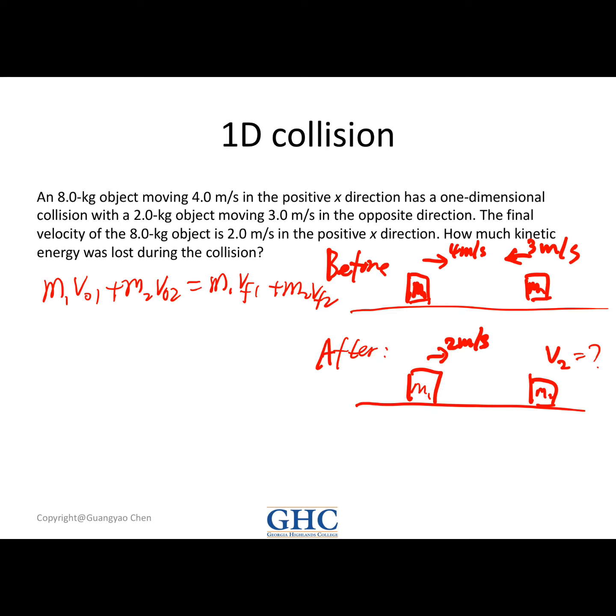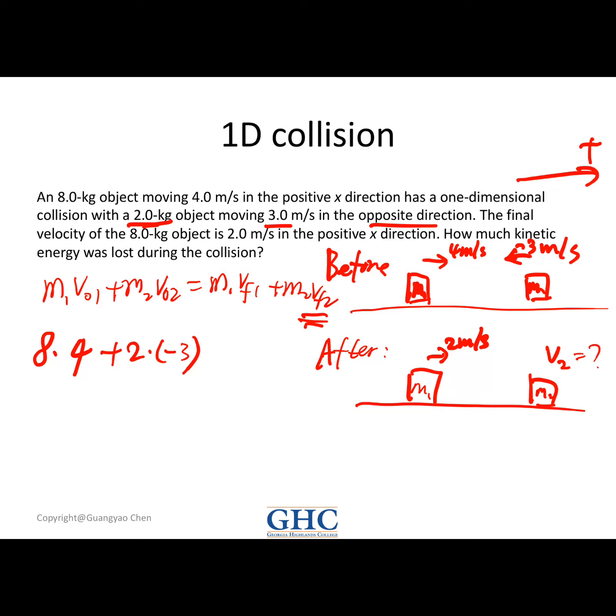Now we know everything in this equation except this one, so you plug in all the numbers. 8 times 4 plus 2 times negative 3, because it says this object is moving 3 meters per second in the opposite direction.